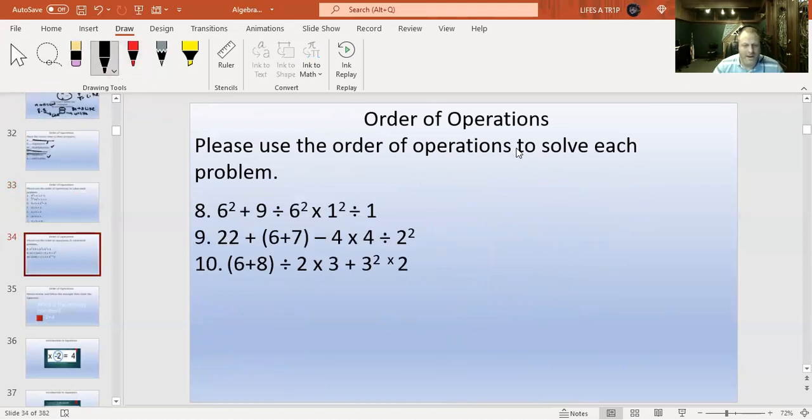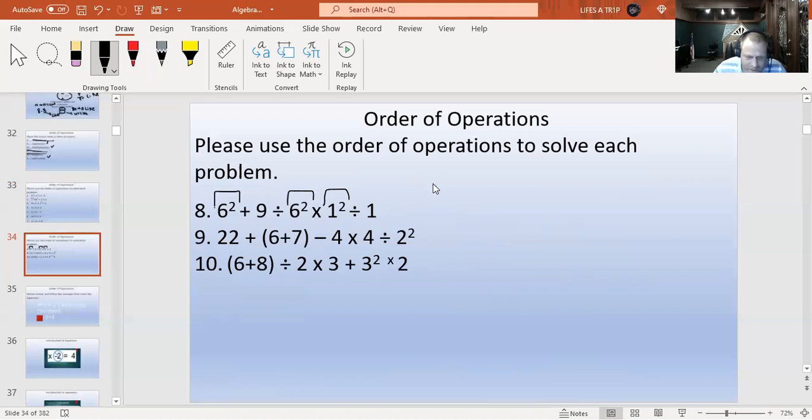All right, getting into a little bit more challenging problems. So instead of rewriting everything, I'm just going to do the exponents first instead of rewriting the whole problem.